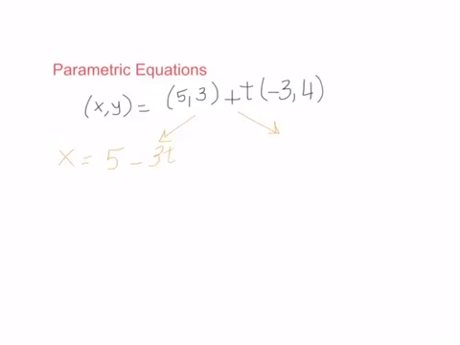I got that by just taking the x value, negative 3, and multiplying it by t here, because negative 3 is the x value. So x equals 5 plus t times negative 3, which is negative 3t. Similarly, for the y values, y equals 3 plus t times 4, or 4t.